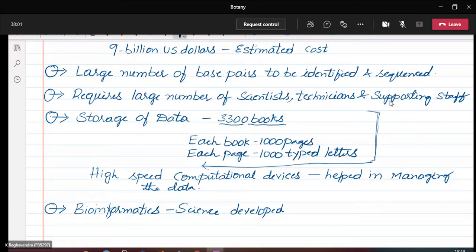So bioinformatics is a science developed during this HGP, which is useful in managing, organizing, analyzing, retrieving the data related to various areas of science. This is given as a course after you complete your bachelor degree. It can be chosen as a separate course, which is bioinformatics, in integration with computational methods and techniques, right? So this is about the mega project.